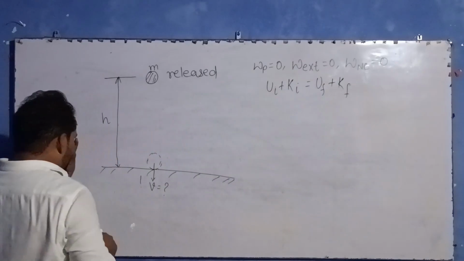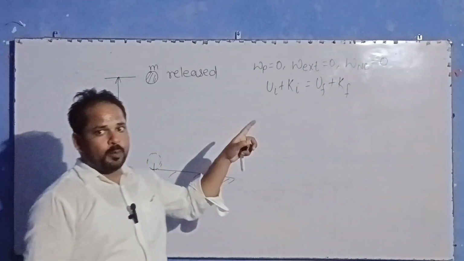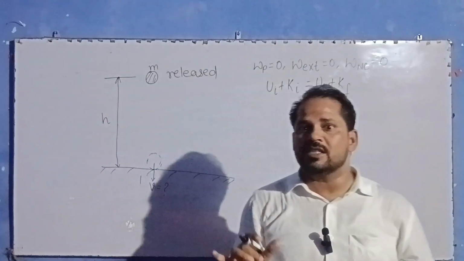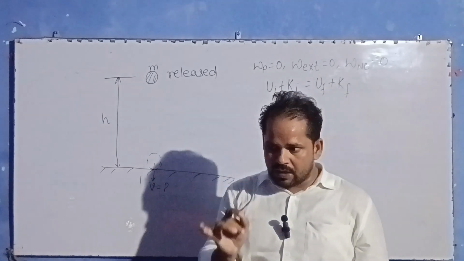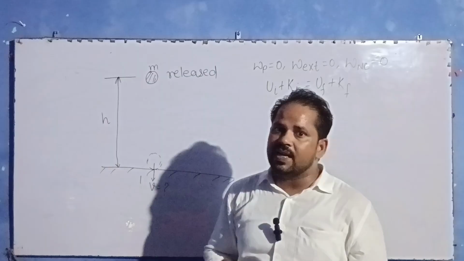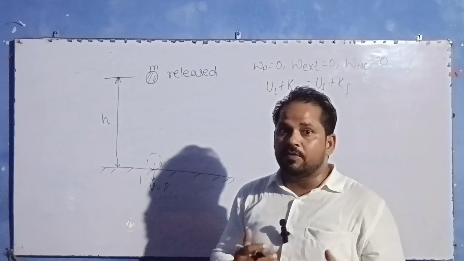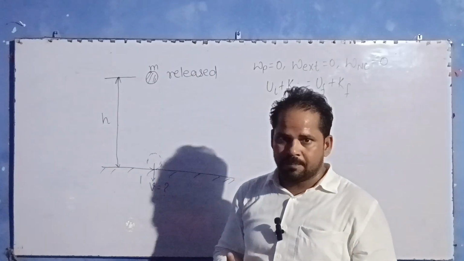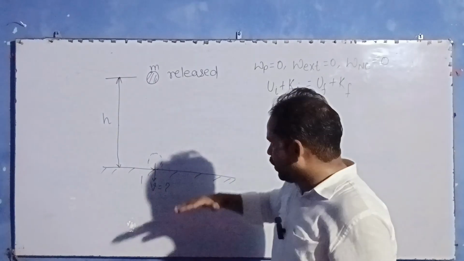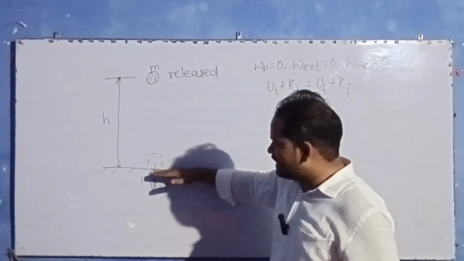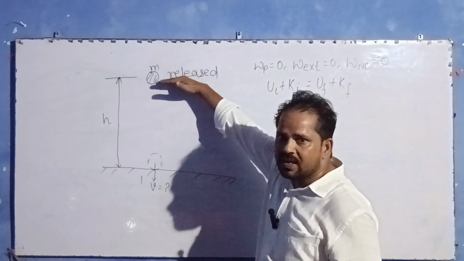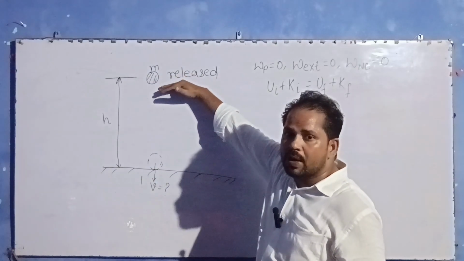Now, while defining potential energy, we have to take one reference point where we assume the potential energy to be 0, because potential energy is always defined with respect to a given point. It is a relative quantity. If potential energy at this level is mgh, then at height h the potential energy becomes 2mgh.